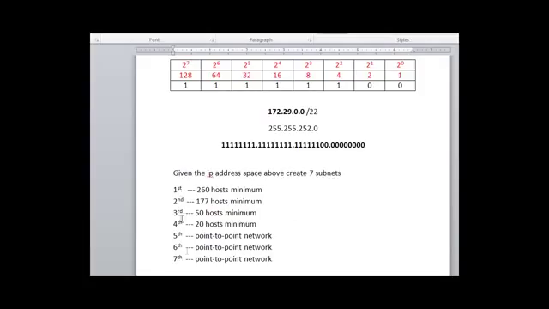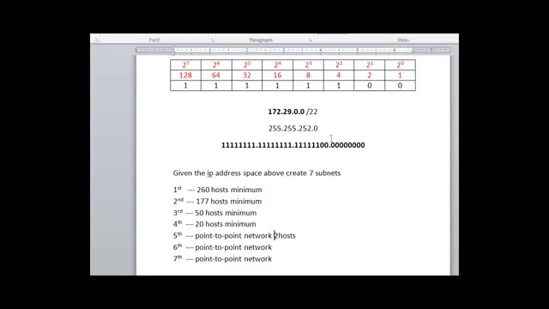And for each subnet, here's the requirements. The first subnet needs 260 hosts, the second 177 hosts, 50 hosts, 20 hosts, and then the last 3 subnets are point-to-point networks, meaning we're only going to need 2 hosts. If they say that, you're only going to need 2 hosts in each one of these.